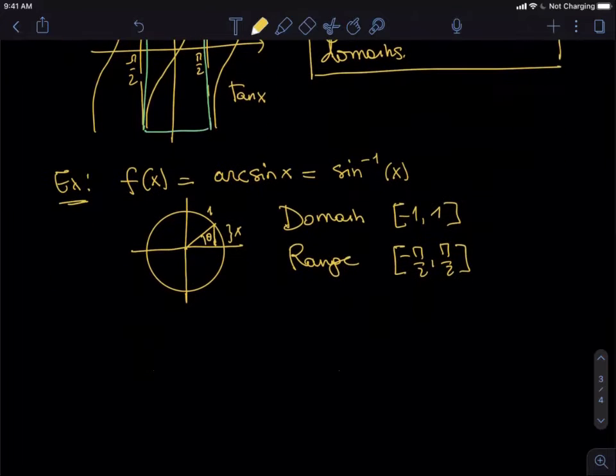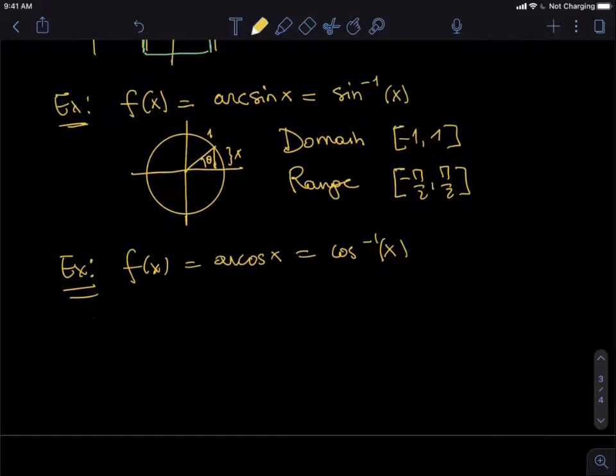Now, when I look at the arc cosine, the cosine to the negative 1 of x, what is the range and what is the domain? Just a comment.